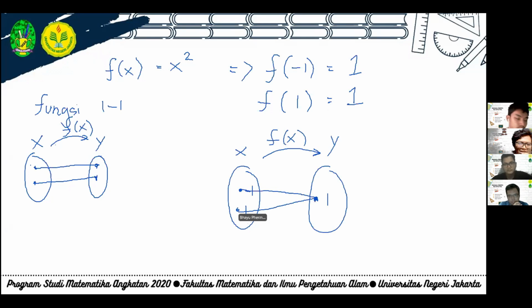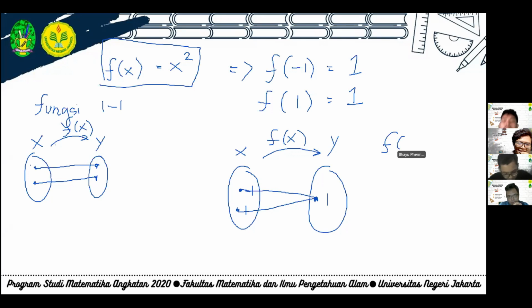Because x and y are not one-to-one, this function is not a one-to-one function, because f(x) has two domain values and one answer.